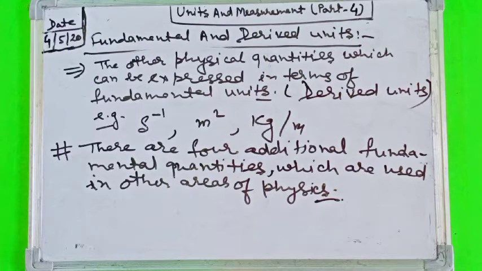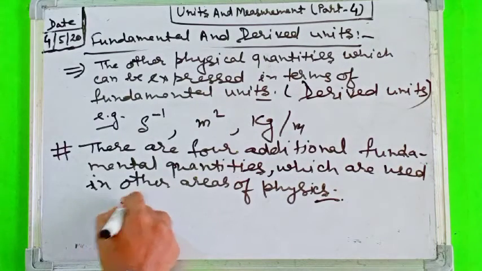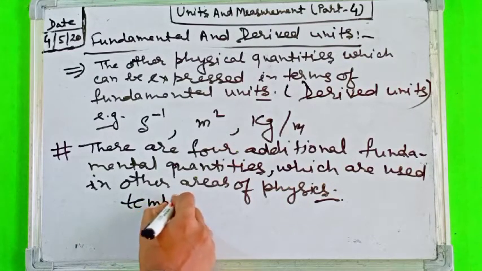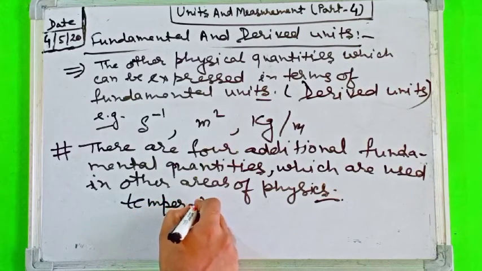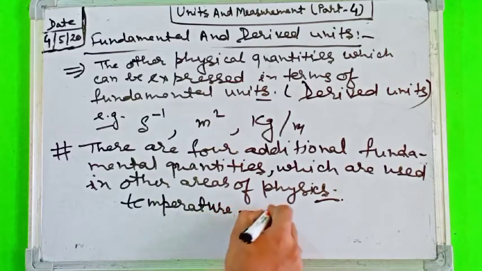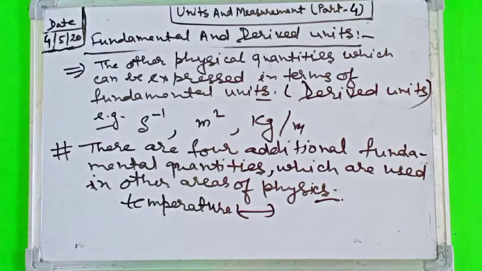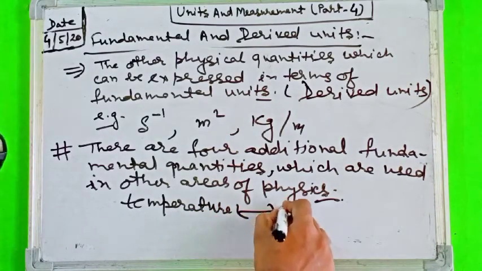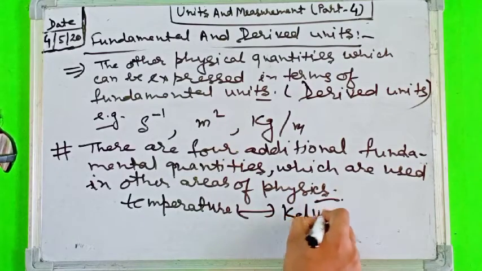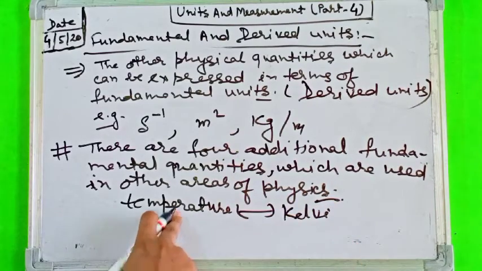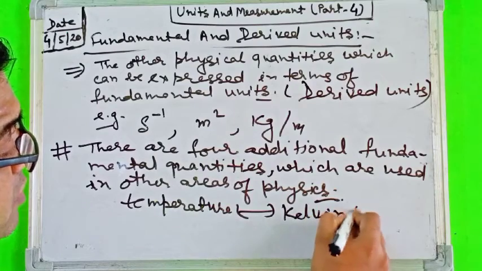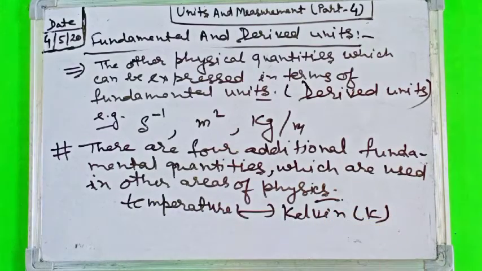So what are the fundamental quantities and what are the areas? That is temperature, which is generally used in thermodynamics. For temperature, the fundamental unit is Kelvin. This is the fundamental physical quantity and its fundamental unit, Kelvin.